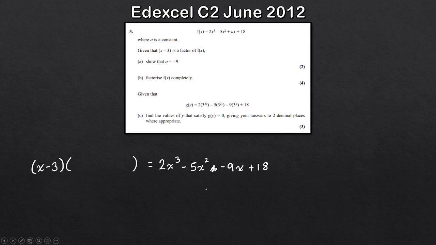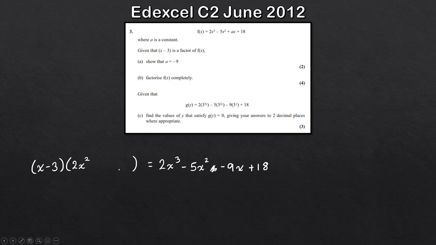Because what we know is x minus 3 is a factor of f of x, so we can split it up as one of our factors like so. Now clearly this is 2x cubed, so x times something must be 2x cubed. So clearly the first part of this quadratic must be 2x squared. Okay, x times 2x squared gives us 2x cubed. So this part's correct here.